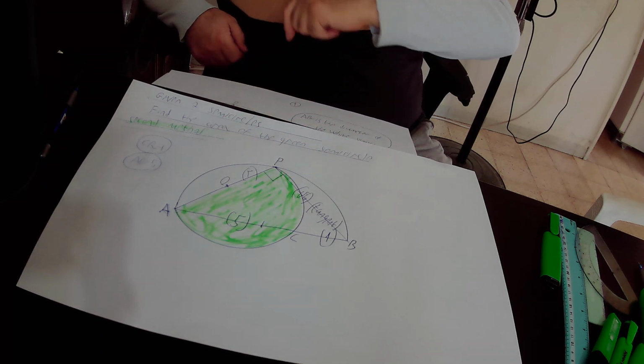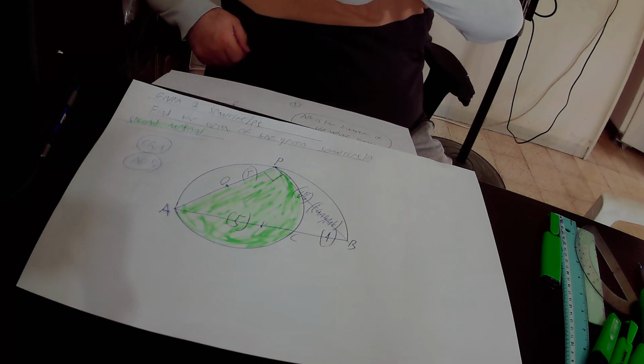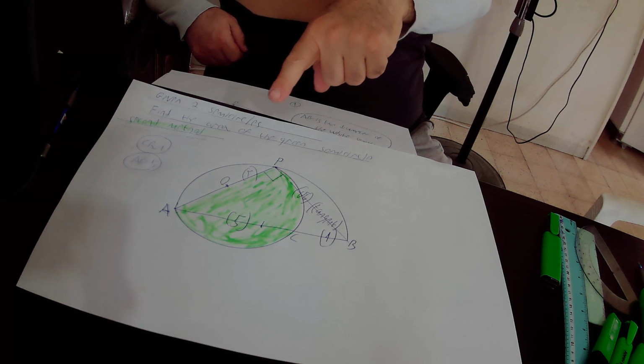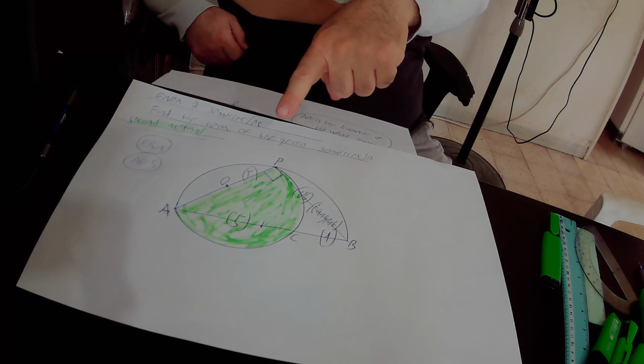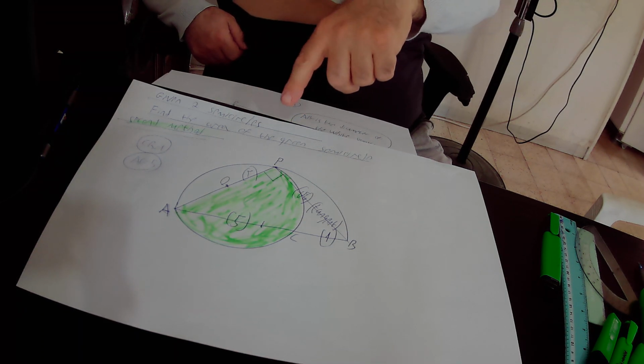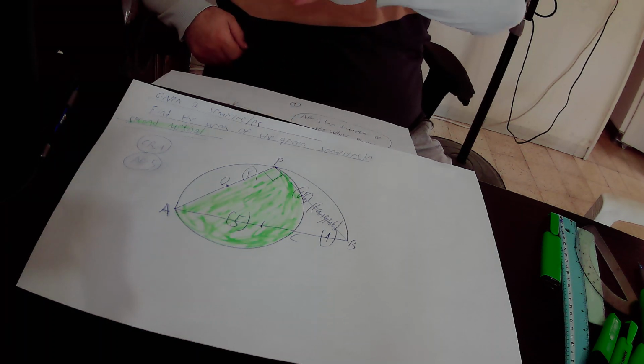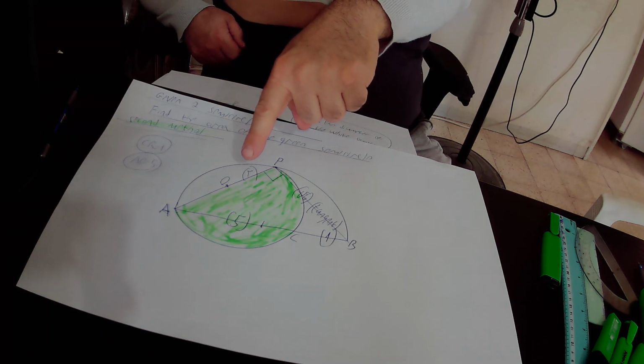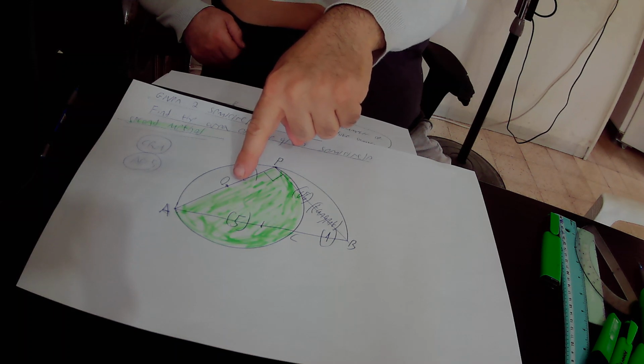PA is the diameter of this green semicircle, and therefore the center of this green semicircle must be located between points P and A, because PA is the diameter. So this is the center of the green semicircle that we defined as O.